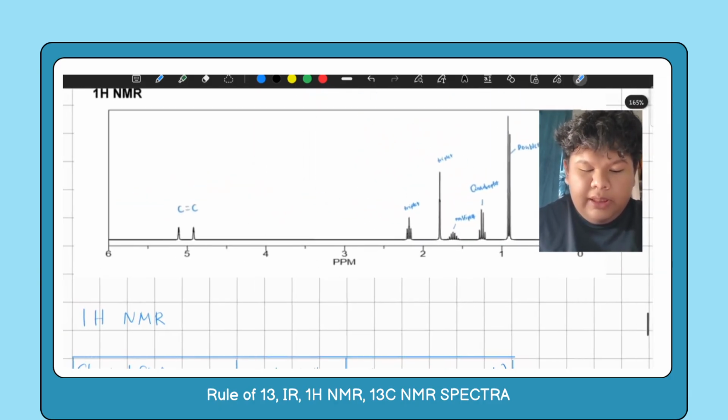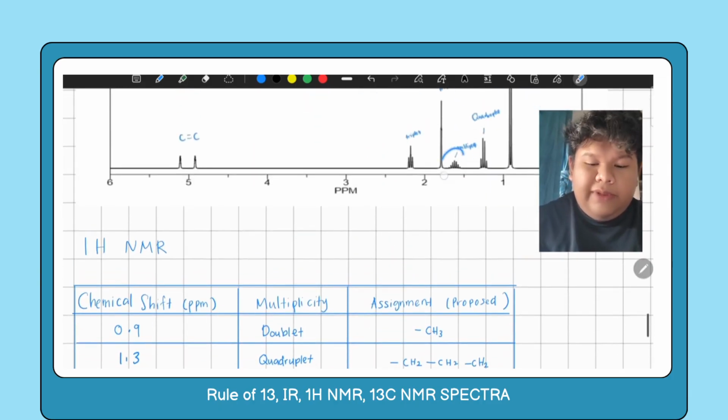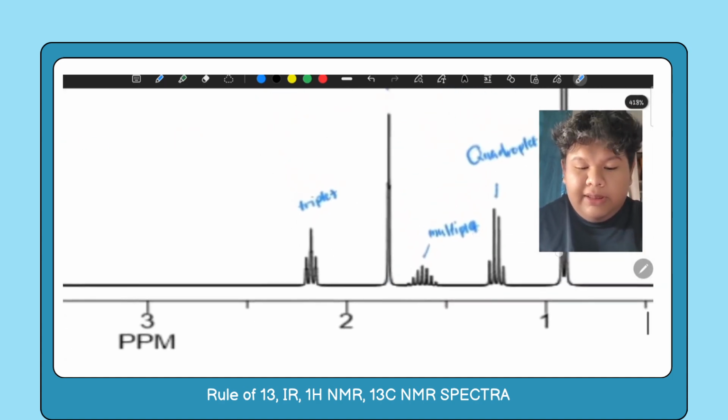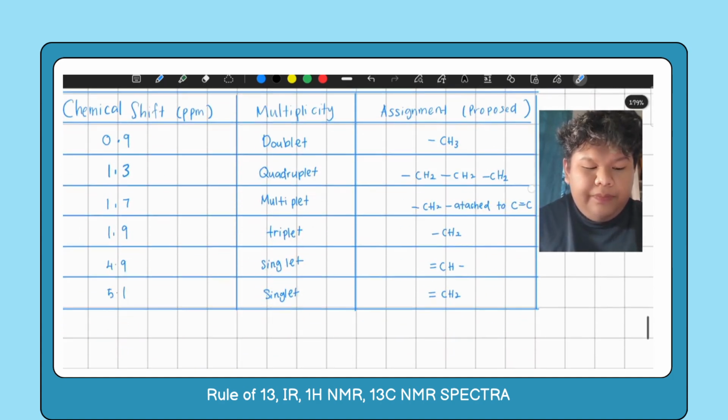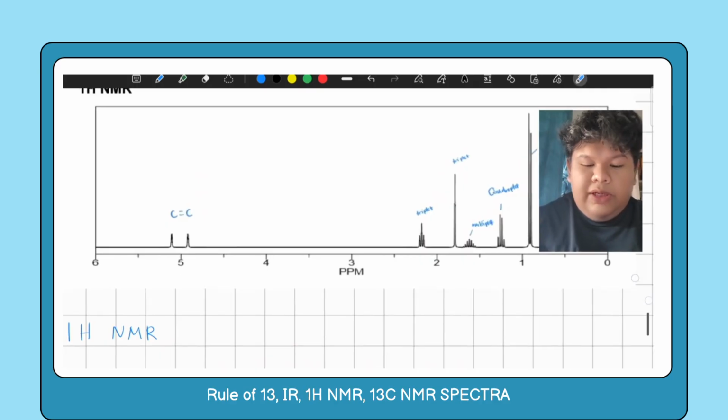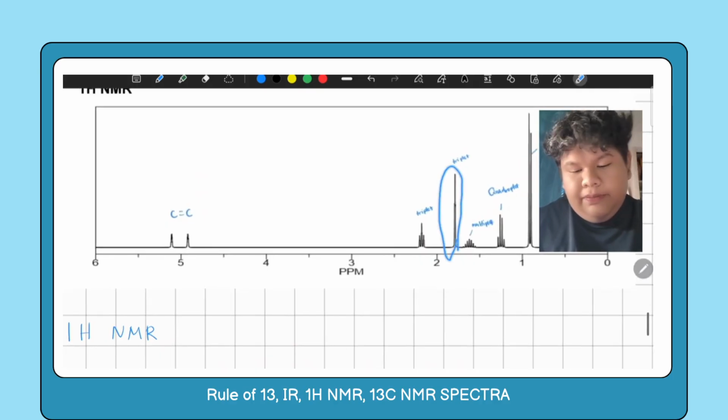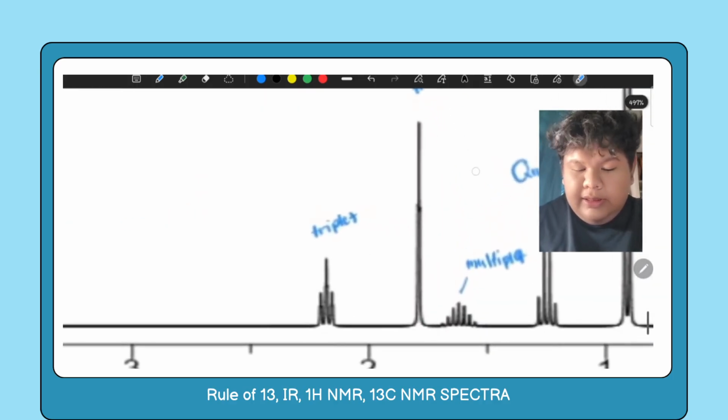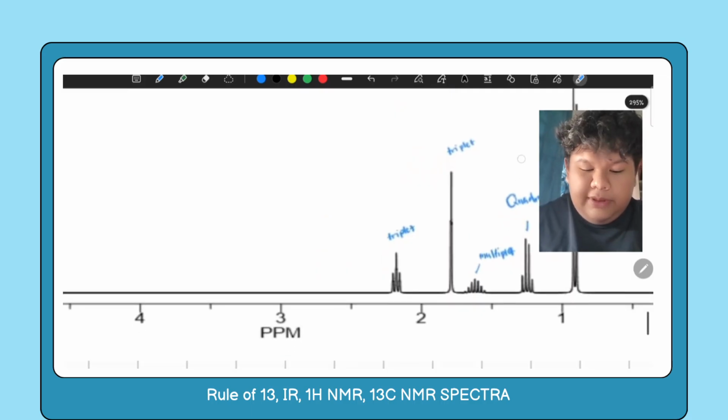Then at 1.7, as we can see here, is a multiplet. At 1.9 it looks like a triplet.